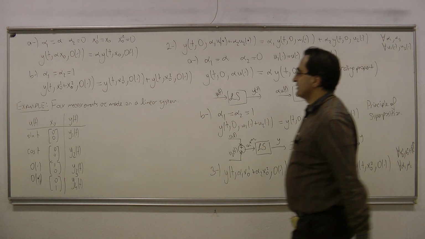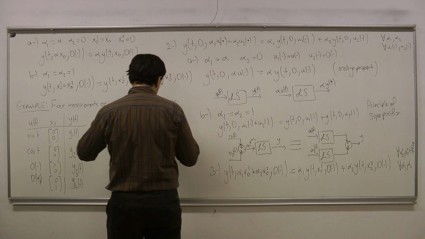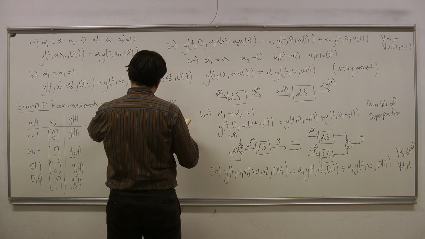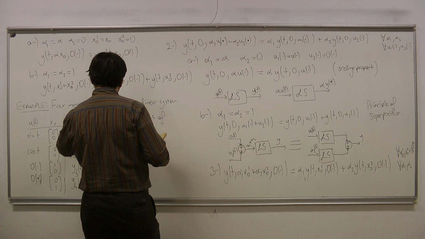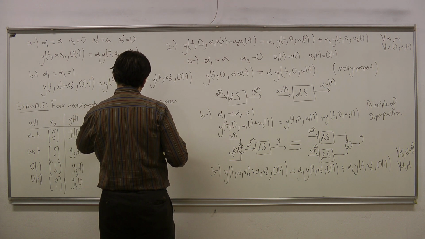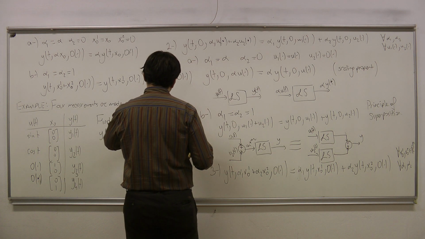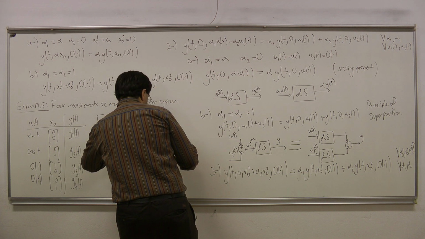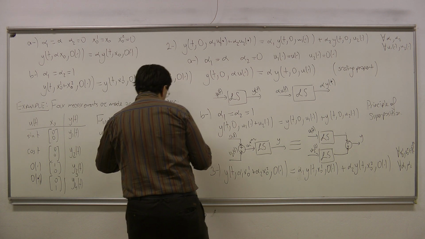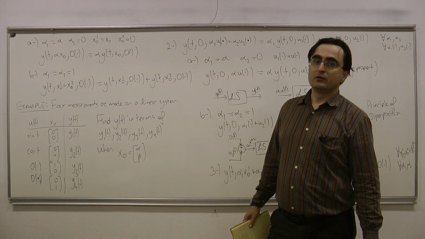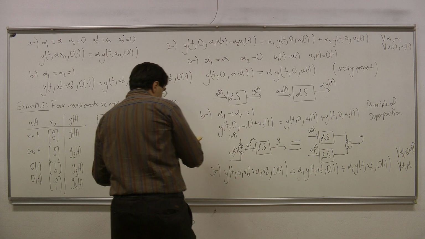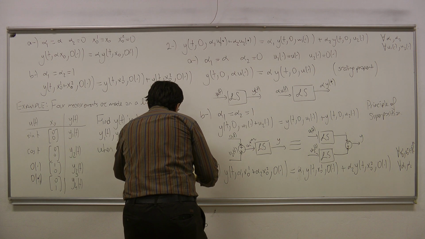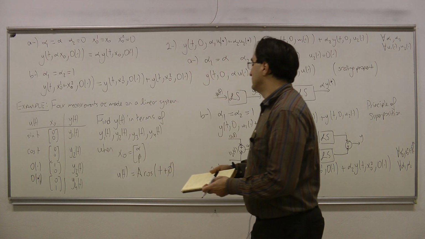Now the task of the example is the following. Find y of t in terms of y1 of t, y2 of t, y3 of t, and y4 of t when the initial condition is alpha, beta, some arbitrary numbers, and the input is a cosine t plus phi.